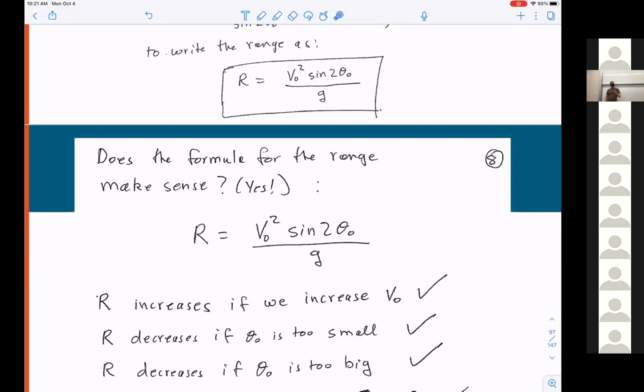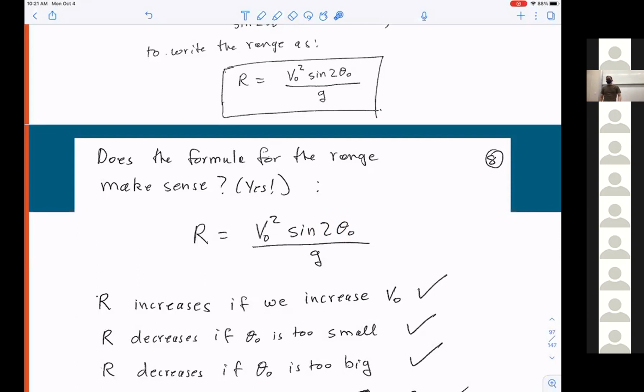Anyone? If I launch it straight up, it's just going to go up and fall back down, so it's not going to go at all in the x direction. It's going to have 0 range. And you see that that works out, because if theta naught is 90, then sine of 2 times 90 is sine of 180 degrees, and the sine of 180 is 0. The sine of pi is 0.